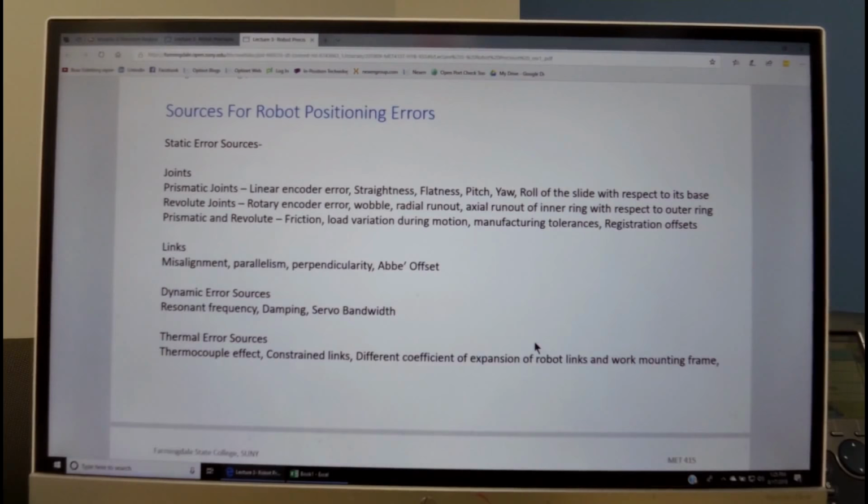The sources of positioning error in robots may come from joints and links. Joints, either prismatic or revolute or a combination, will cause errors such as straightness, flatness, pitch, or roll of the linear slide in a prismatic joint.